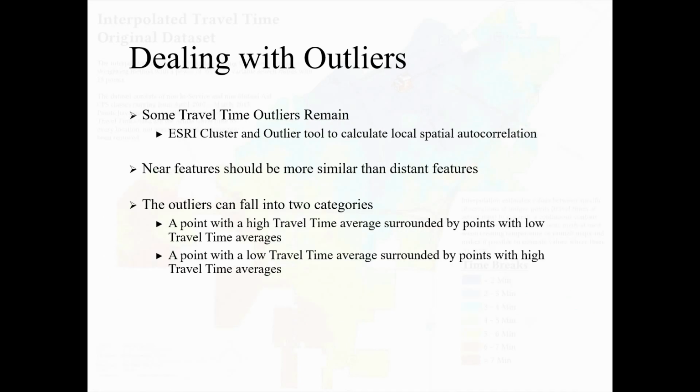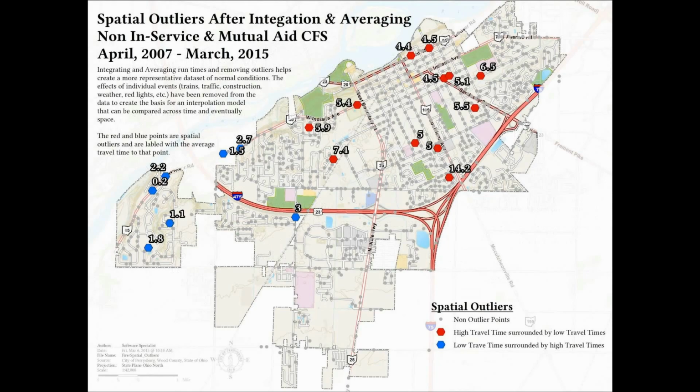So we can use some additional spatial statistics to deal with those outliers. And they fall into 2 categories. We have high values that are surrounded by low values. So here, 14 minutes is surrounded by other values that are much, much lower. So that's a high travel time surrounded by low values, a high outlier.